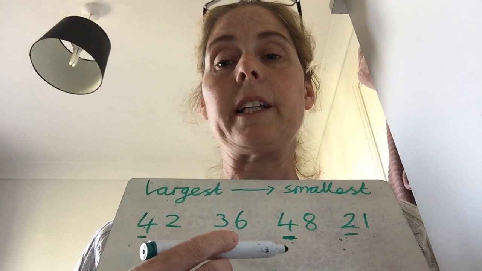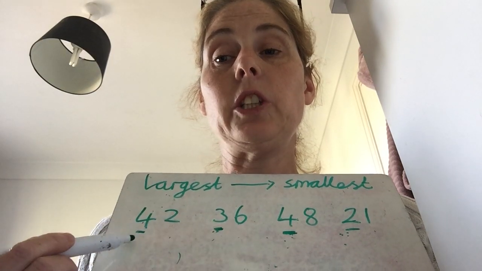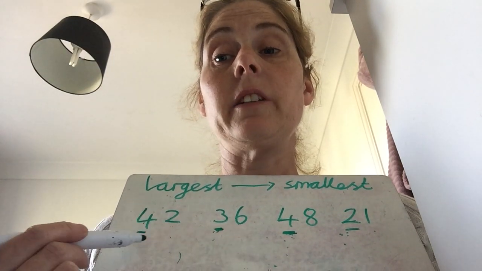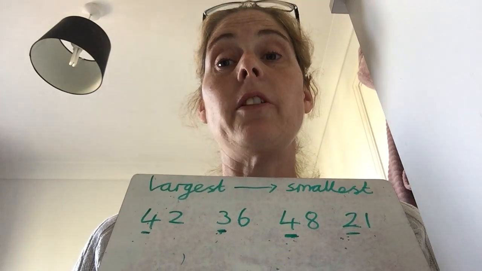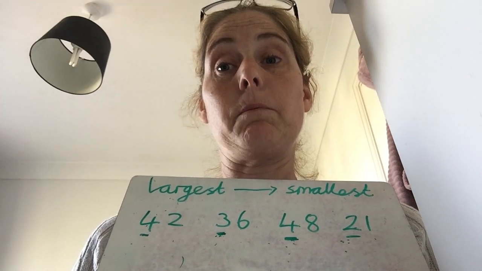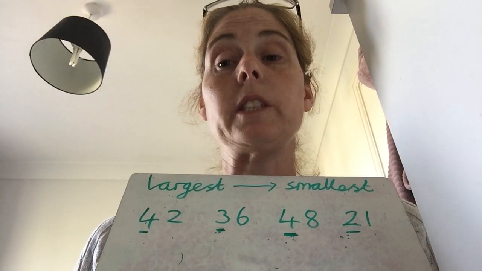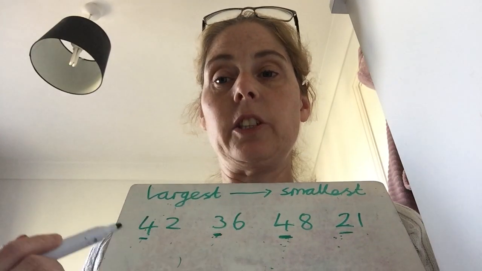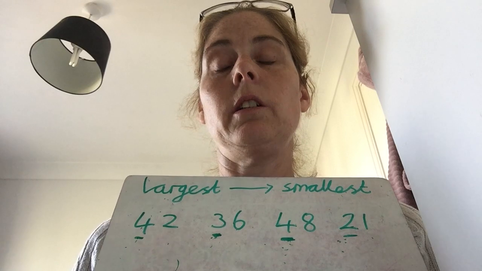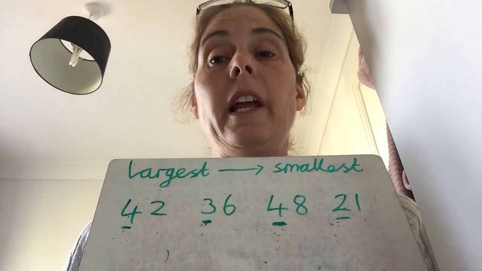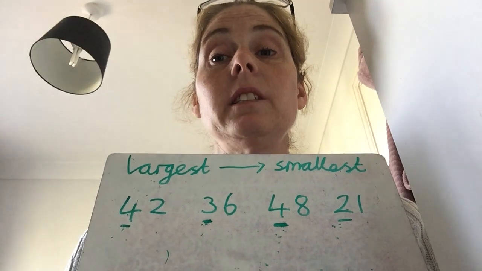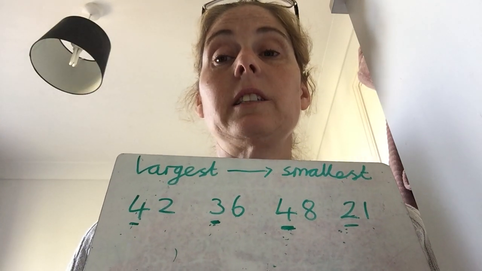So straight away I can see that these 2 both have the same number of tens, and they both have the largest number of tens. So it's got to be one of these 2 that comes first. So who can remember, if they've got the same number of tens, what do we need to look at next?